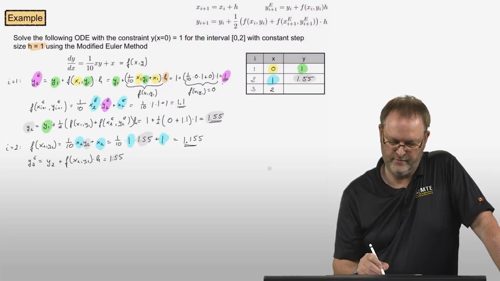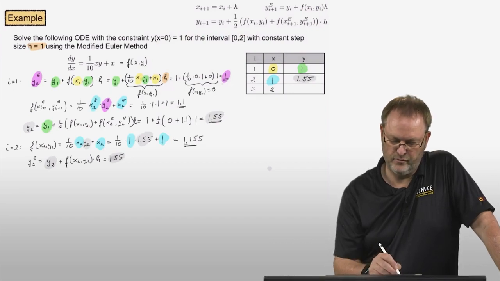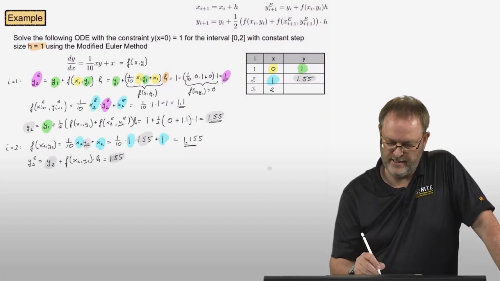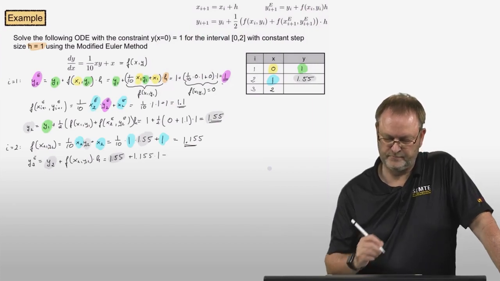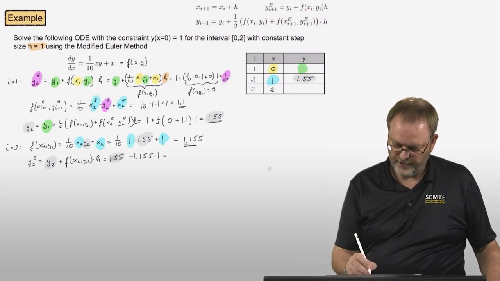That came from the table. That's my y2. And my f of x2, y2 is the one that I just calculated. So plus 1.155 times h, which is 1.